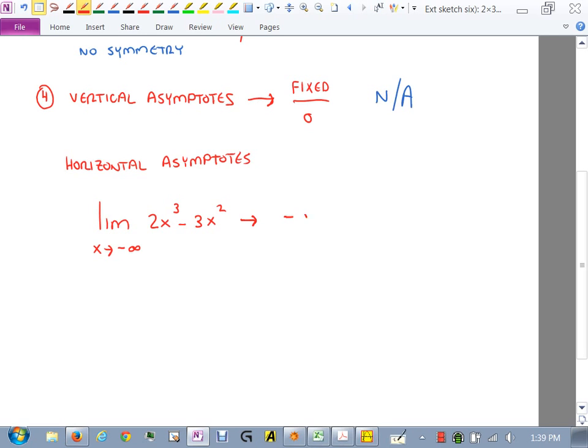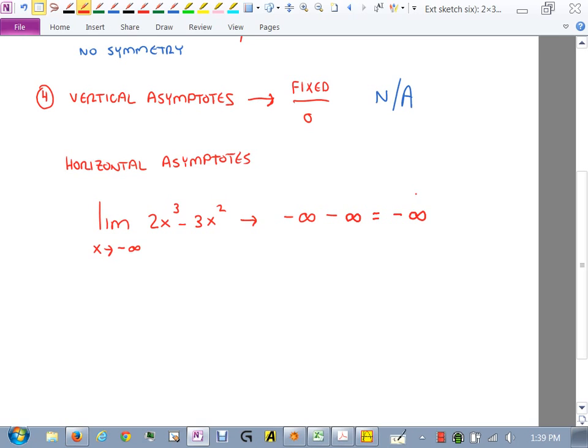I've got a negative infinity, then minus, that's this minus right here. If I plug negative infinity in here and square it, it becomes positive. Then times 3 is positive. So we have a positive infinity, but being subtracted. What's negative infinity take away positive infinity? Negative infinity.